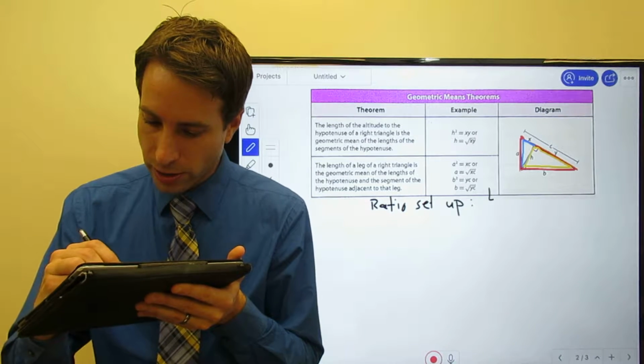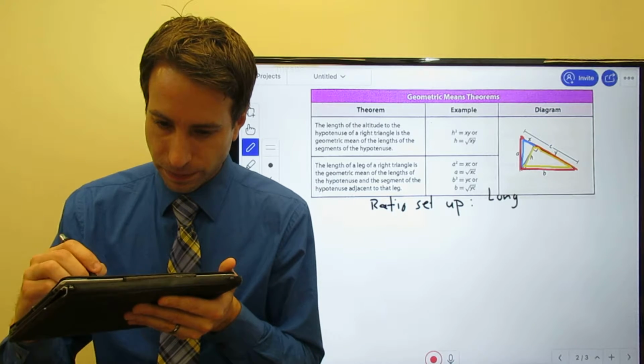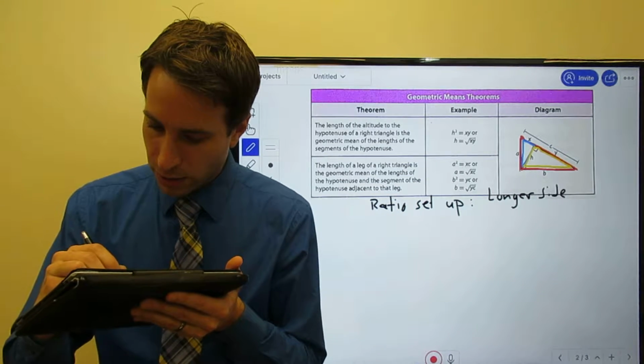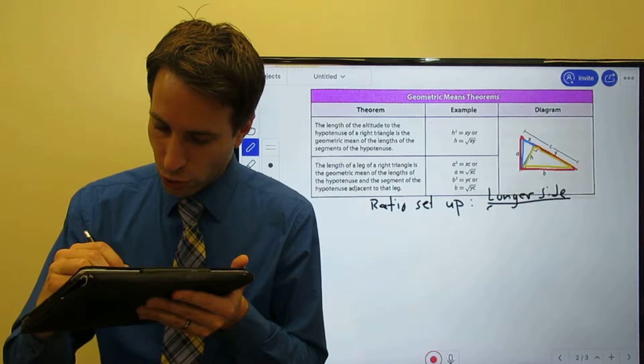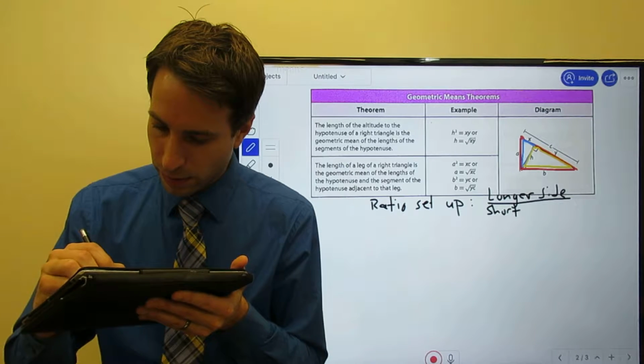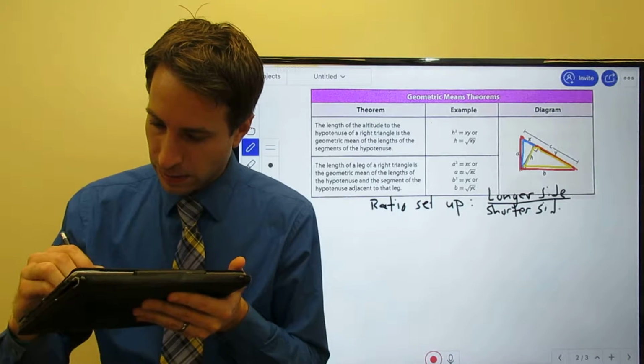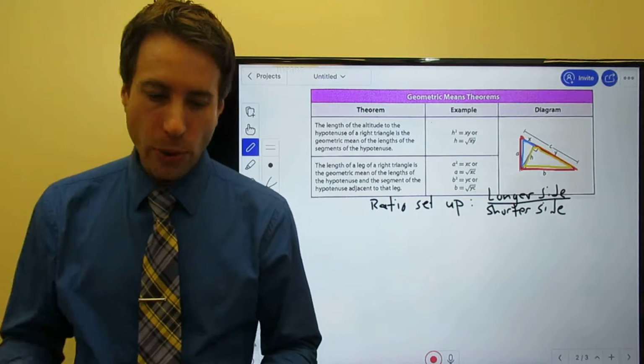put the longer side on top and the shorter side on the bottom. Okay, here we go.